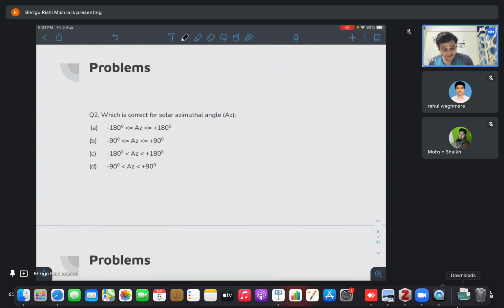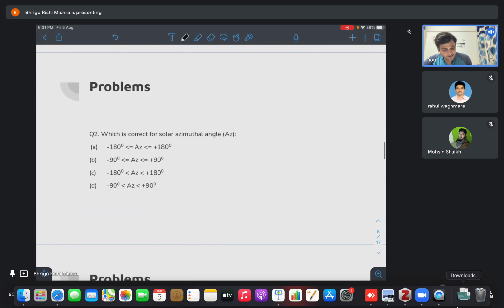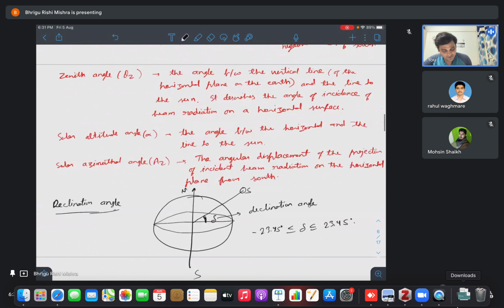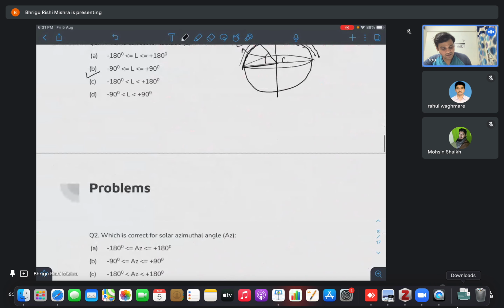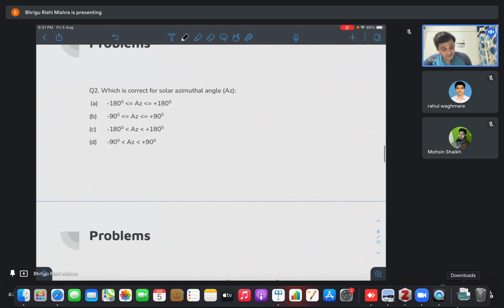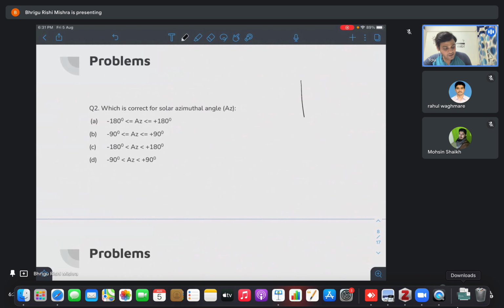Now the next one is, which is correct for the solar azimuthal angle. This is what we have talked about. This is the azimuthal angle, the angle the projection of the sun makes with the south line. We can understand it better in a 2D diagram.